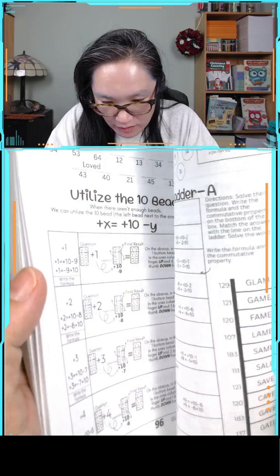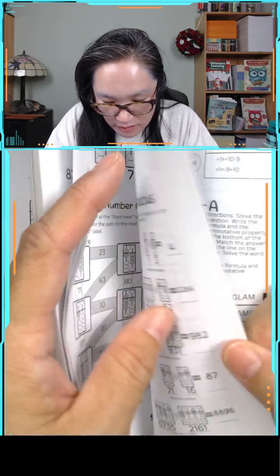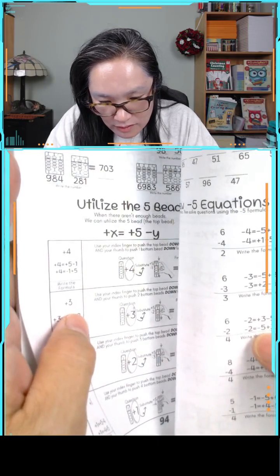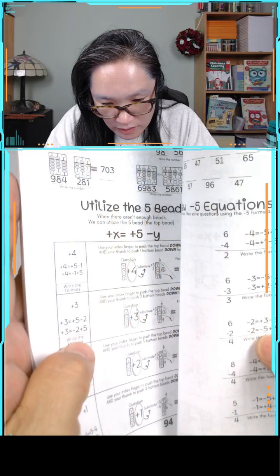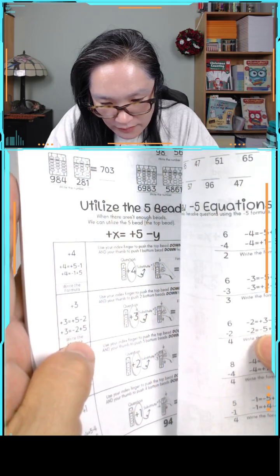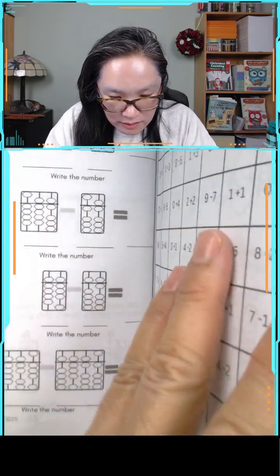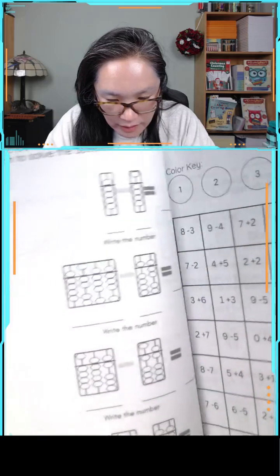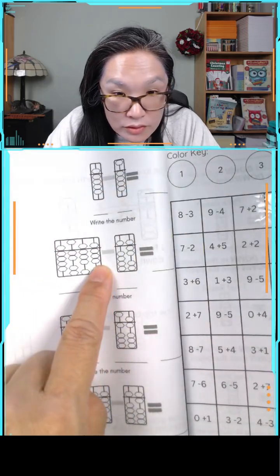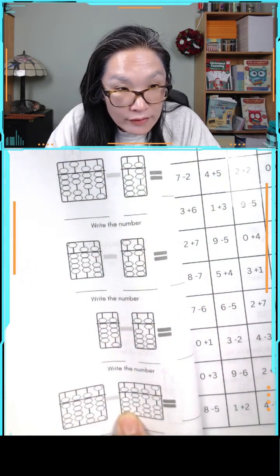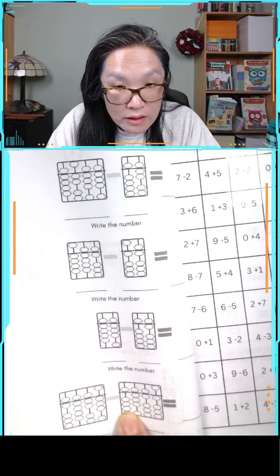Did I write it wrong? Four, 9, 7. Which one? The right side. Okay, we have 1, 2, 3, 4, 5.